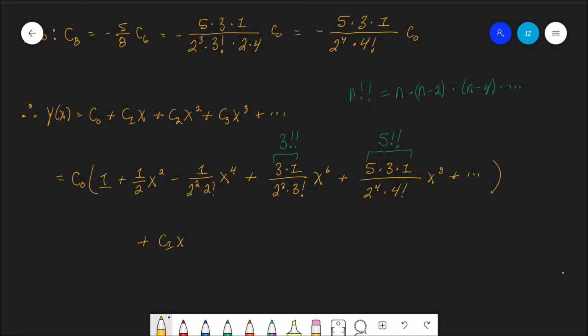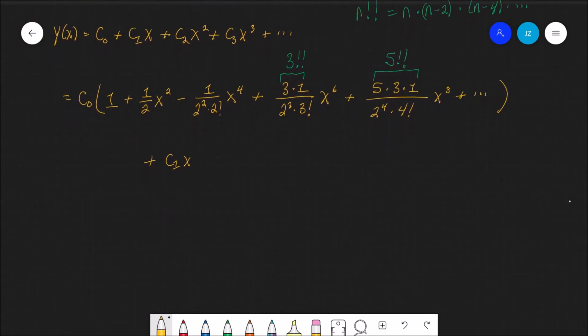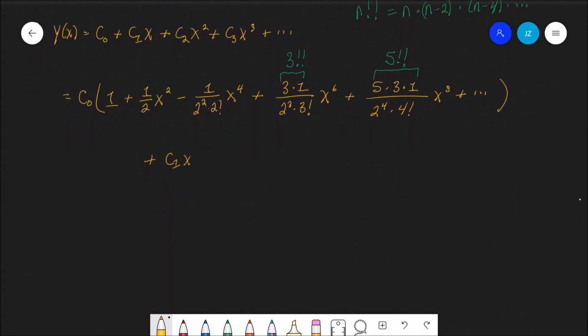My goal now is to try and write this as a power series, if possible. So this would equal c sub 0, 1 plus 1/2 x squared plus, now let's look at a summation.